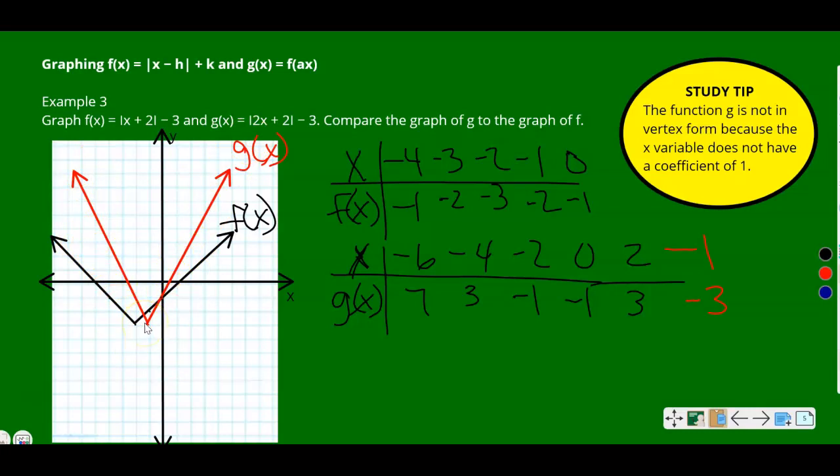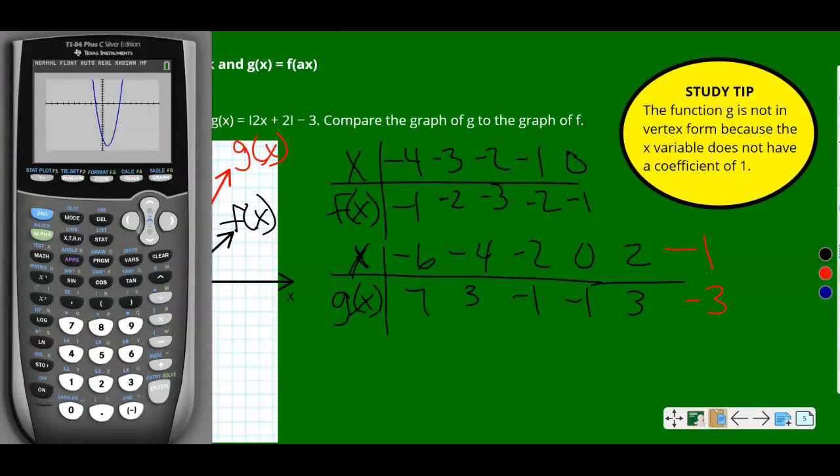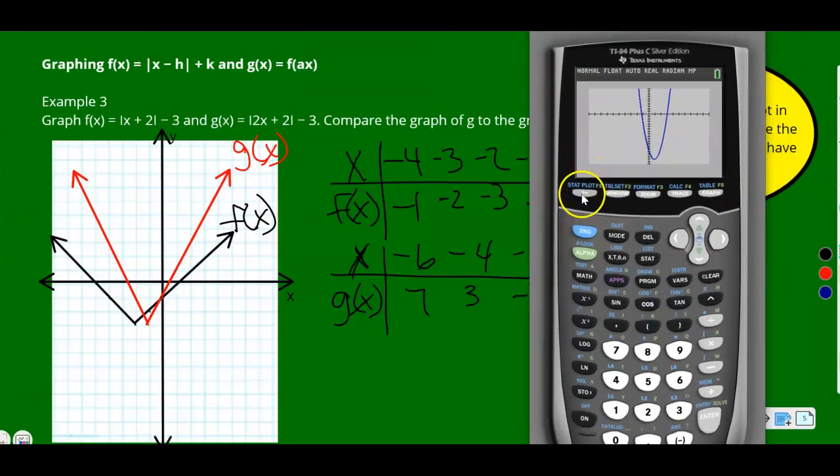If you want to check these, you can use your TI-84 to graph these to see if you feel like you did everything correct, especially when the vertex is not automatically on there like it was for g of x.